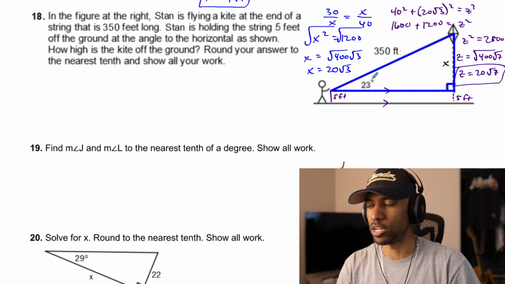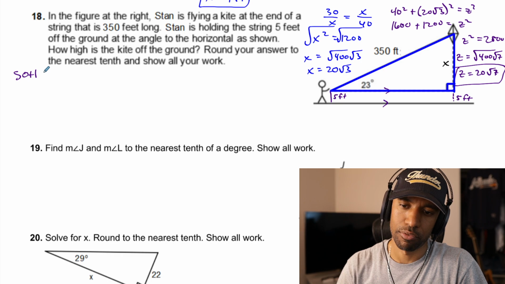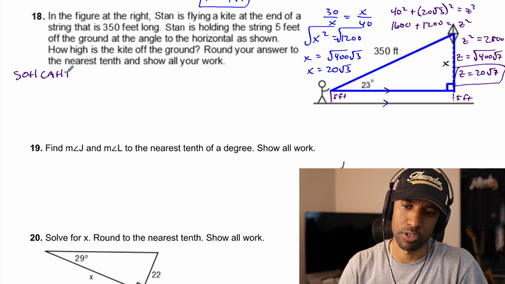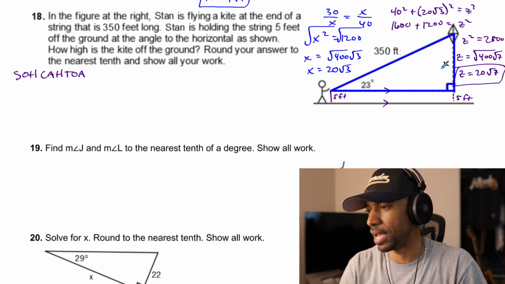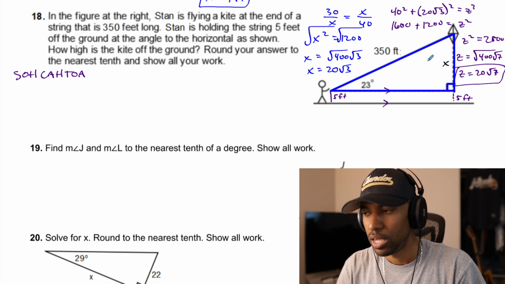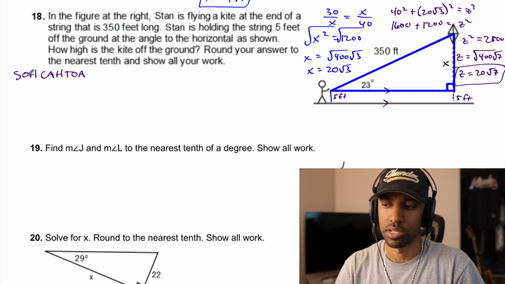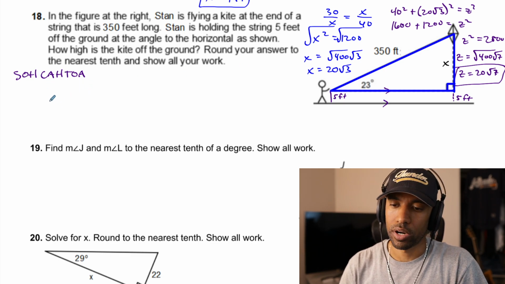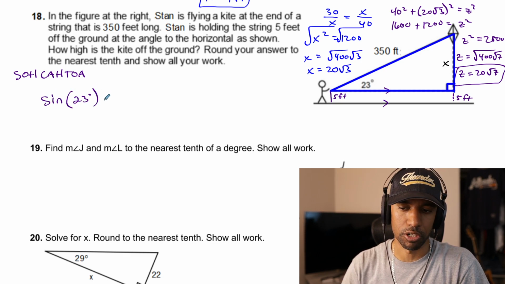So let's solve for X in the right triangle here, guys. If we use the concept of SOHCAHTOA to determine whether you're supposed to use sine, cosine, or tangent, relative to the 23-degree angle, we are looking for the leg opposite. And we know the hypotenuse. Opposite and hypotenuse should use sine. So we're going to take the sine of 23 degrees. And this is where we have to use a calculator, by the way.